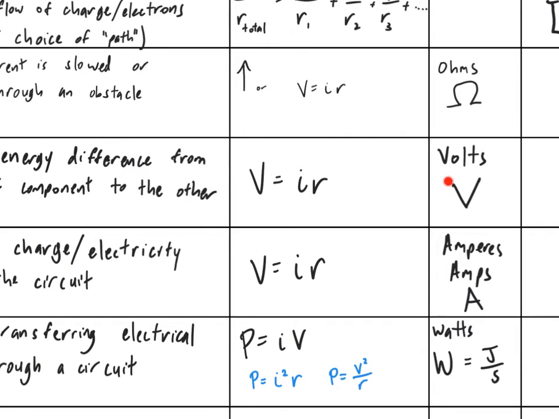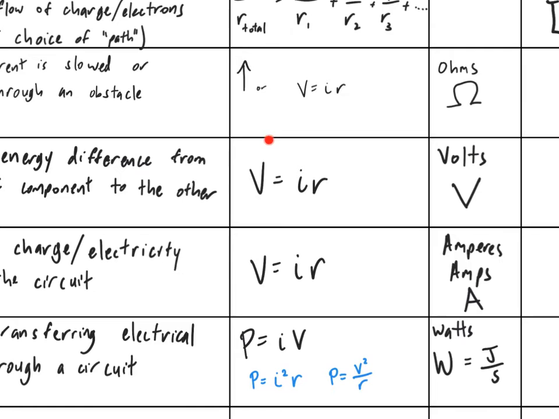Voltage is represented by the variable V for volts, and current is represented by the variable A, which stands for amps, which is a shortening of amperes. So current is represented in amps, voltage in volts, and resistance in ohms.